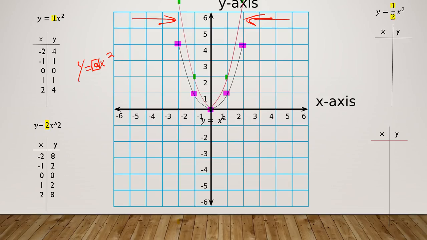Well, what's next? What if a is between 0 and 1, like a fraction, a proper fraction? Then we pick multiples of the denominator, so we don't have to worry about fractions. And we pick -4, -2, 0, 2, and 4. And we get a function that looks like this.